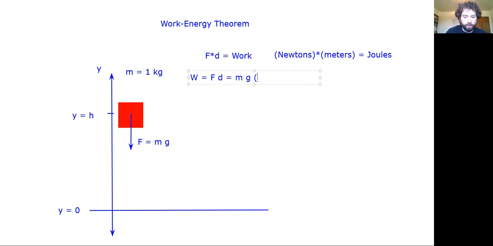So we can say this is y minus y0. Since y0 is going to equal 0 and y is going to equal h, we can say this is mgh. And so that indeed equals the potential energy.